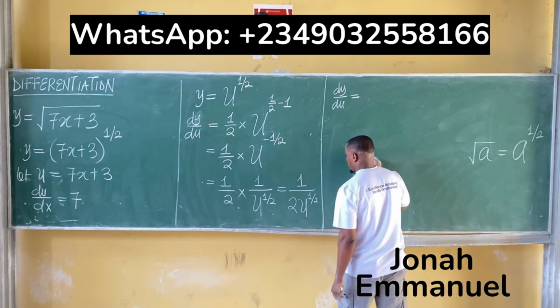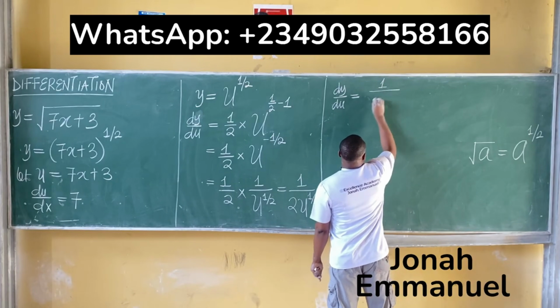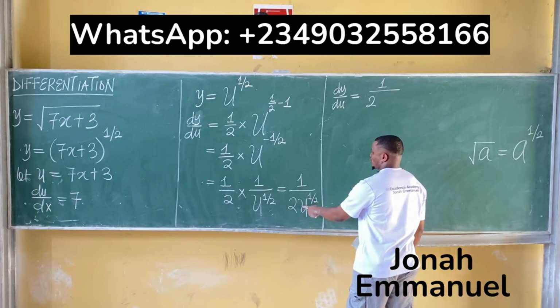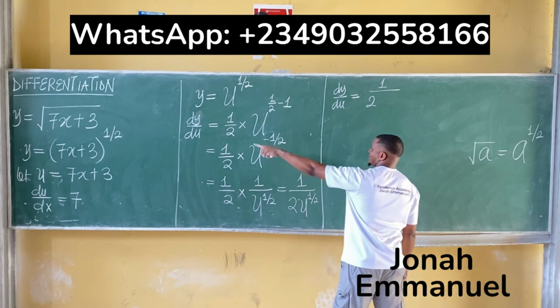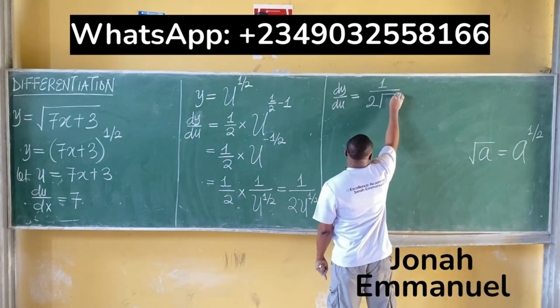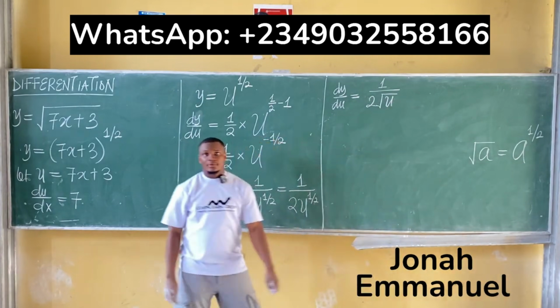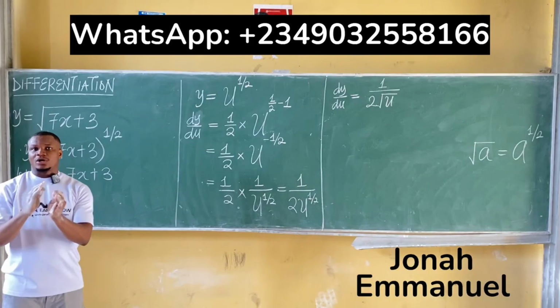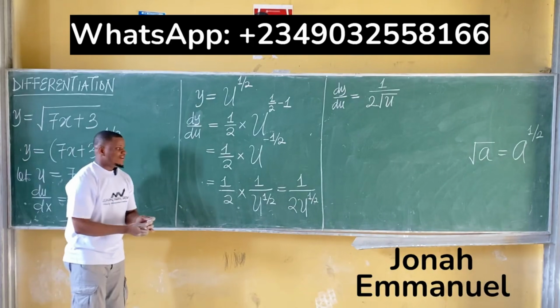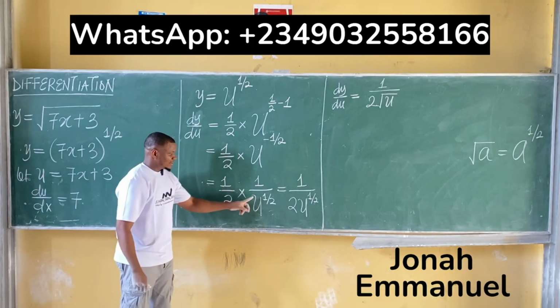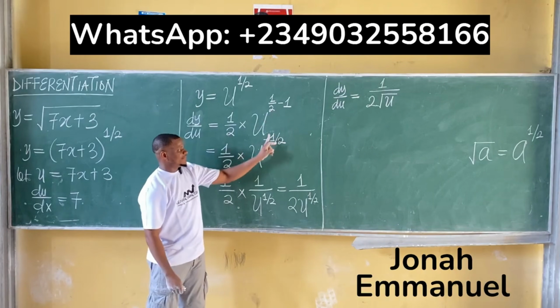dy du is equal to 1 all over 2 u to the power 1 over 2. When you have something to the power 1 over 2, that means the square root: 2 root u. That's all. So you see how it looks. It's the same thing, just simplify further. The subtract 1 gives you a negative.